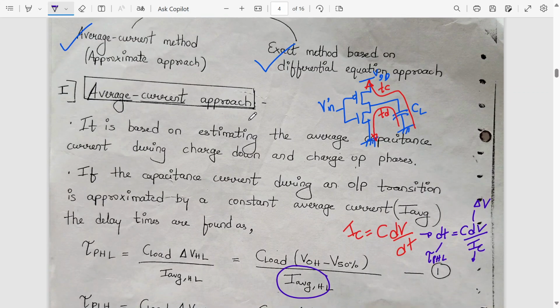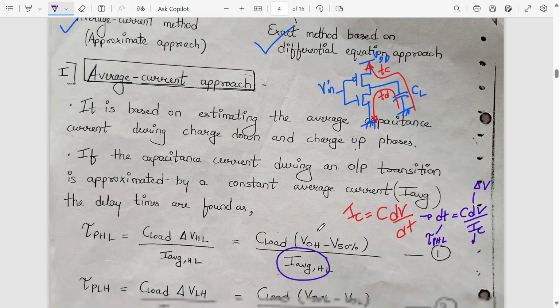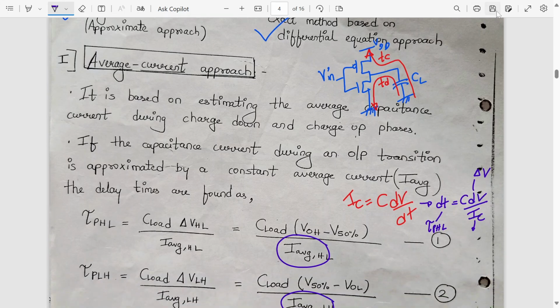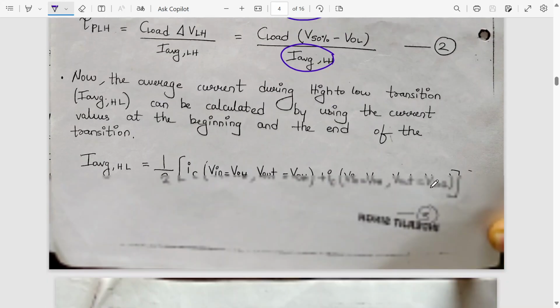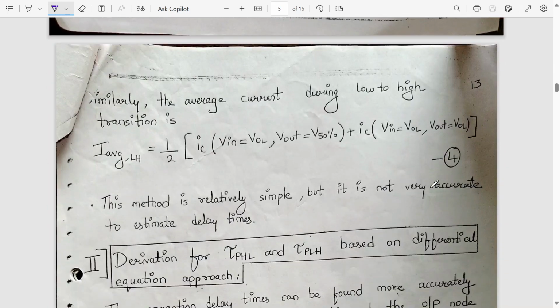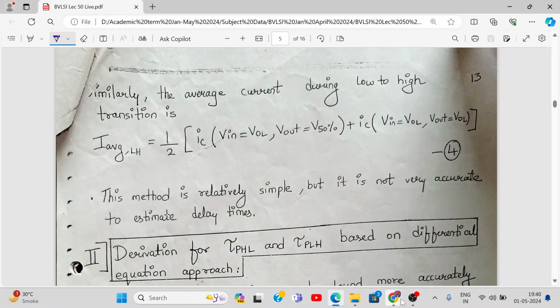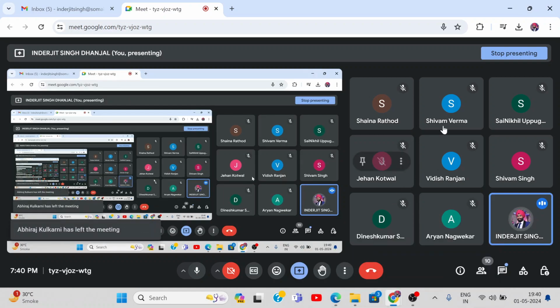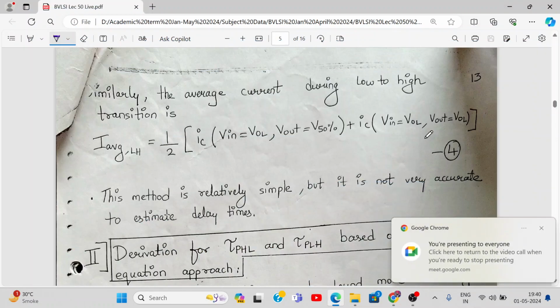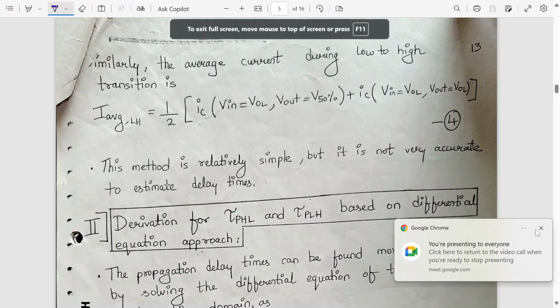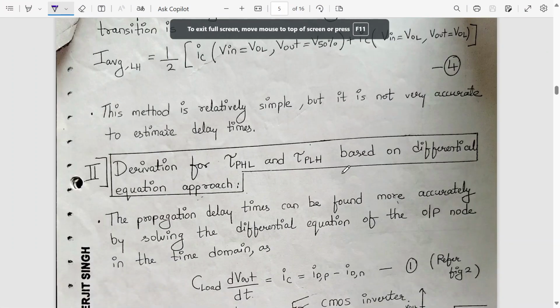I've given the expressions for the average current approach. These are the four formulas with which you can solve the numerical. Or should I cover the other one and then go to the numerical? What do you say, everyone? Shall I cover the numerical now?